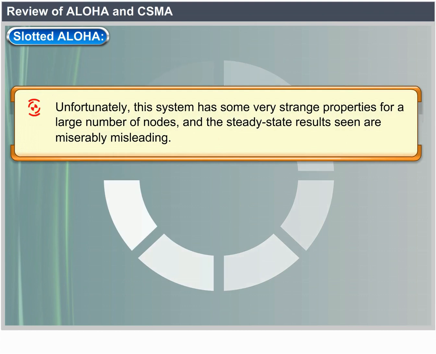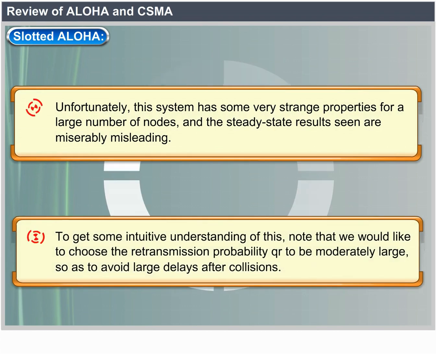Unfortunately, this system has some very strange properties for a large number of nodes, and the steady-state results are very misleading. To get some intuitive understanding of this, note that we would like to choose the retransmission probability QR to be moderately large so as to avoid large delays after collisions.